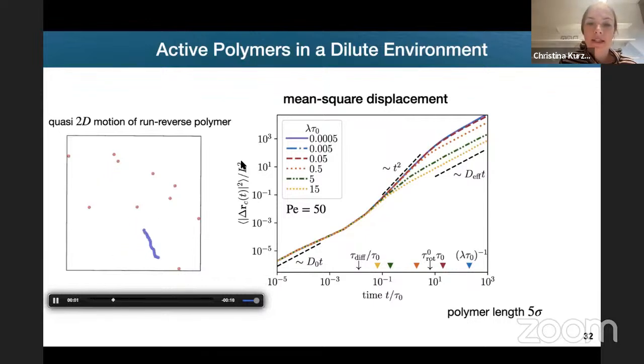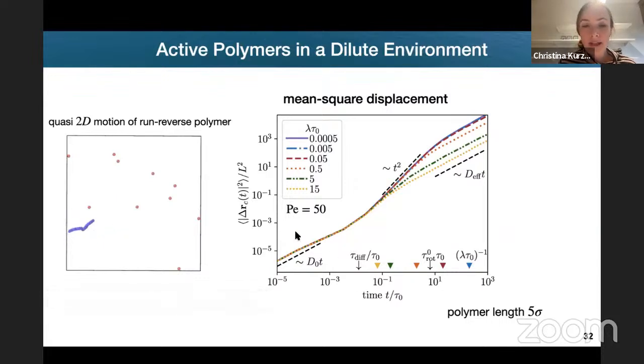Here you can see the mean square displacement as a function of time for different reversal rates, right? If the reversal rate is small, they almost move straight all the time. If it's large, they reverse frequently. And here you see that at short times, the MSD grows linearly in time due to translational diffusion. We see an intermediate regime which goes quadratically in time due to the active motion, and then again at long times it becomes diffusive.